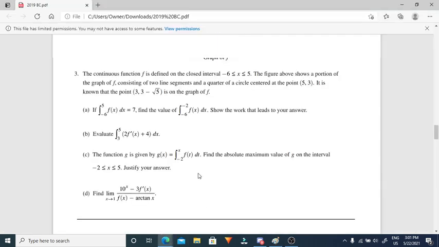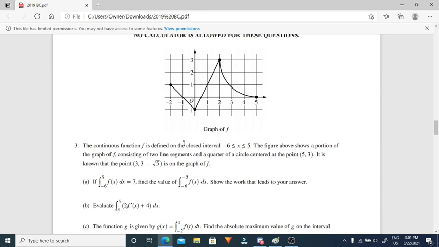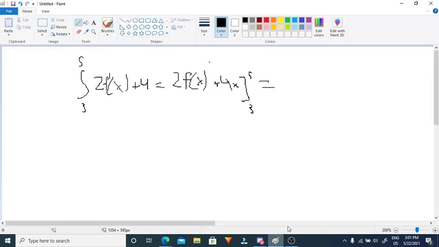Well, f of 5 is easy. We see that's 0. F of 3 is more difficult. That's why they gave us this point. We know f of 3 is going to be 3 minus root 5. So that's why they gave us that. So once we evaluate this, we do 2f of 5 plus 4 times 5 minus 2f of 3 minus 4 times 3.